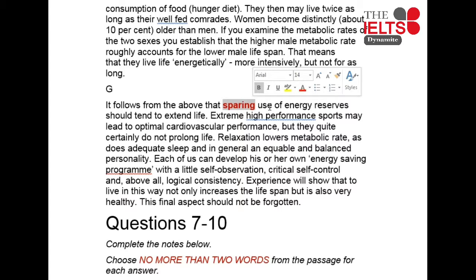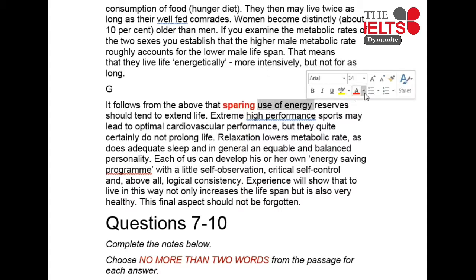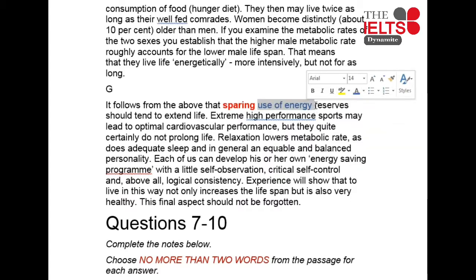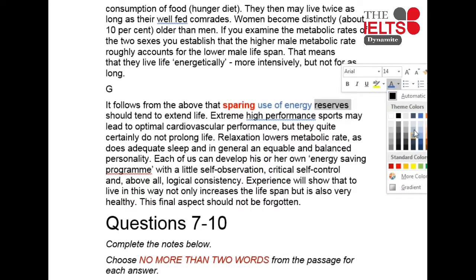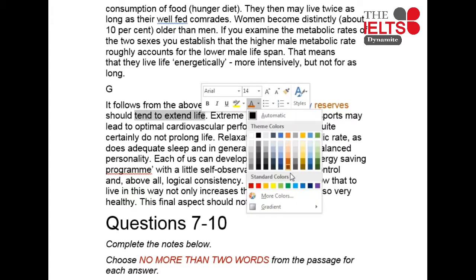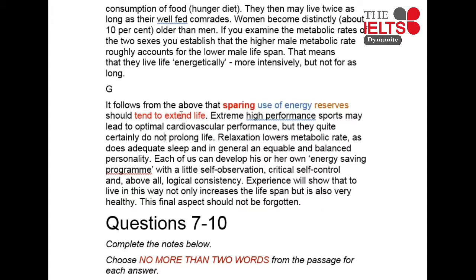Use of energy is the same as energy. And reserves, same as keep. Should tend to do what to human life? Extend it, make it longer. So the answer here actually must be yes.